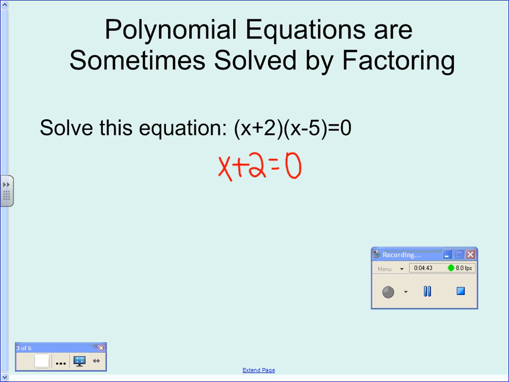If x plus 2 equals 0, 0 times x minus 5 would still be 0, right? How could x plus 2 equal 0? Subtract 2. Negative 2 plus 2 is 0, right? 0 times negative 7, is that 0? But is there another possible answer that would make the equation equal 0? Because x minus 5 could equal 0.